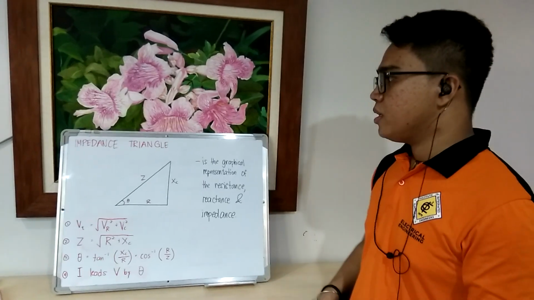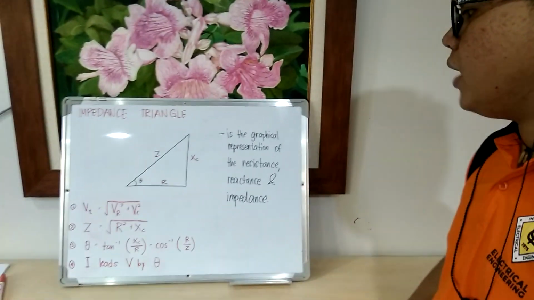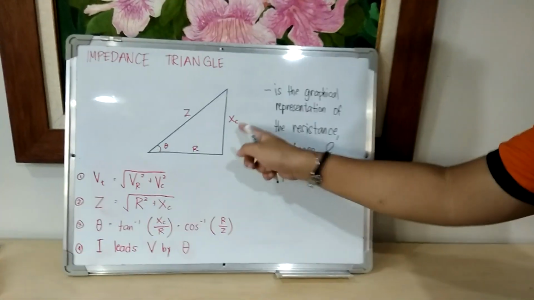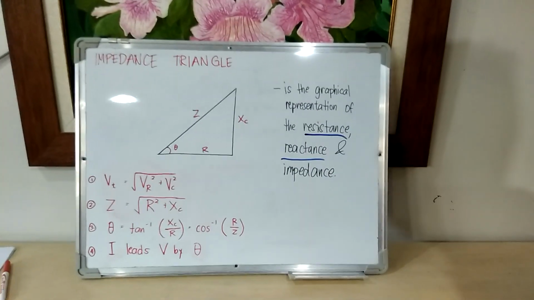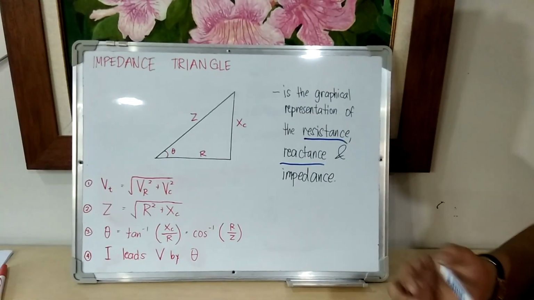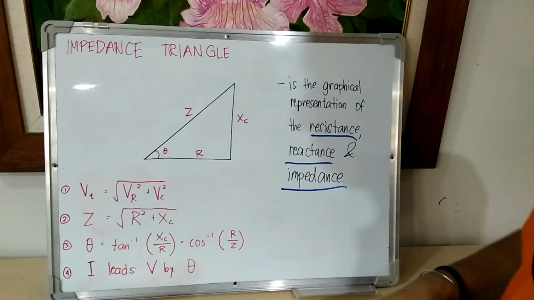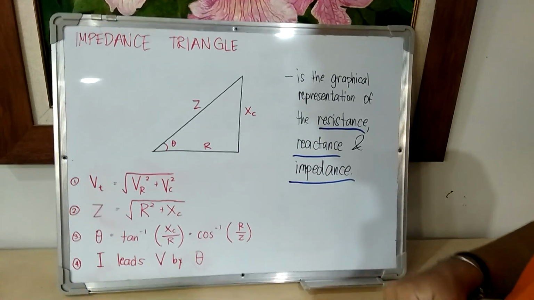Impedance triangle. The impedance triangle is the graphical representation of the resistance, reactance, or in this case the capacitive reactance, and impedance. In the impedance triangle, we can get 4 pieces of information. 2 of these have already been derived a while ago.